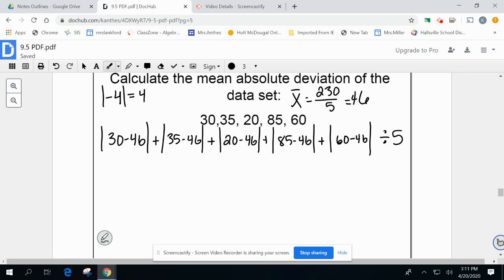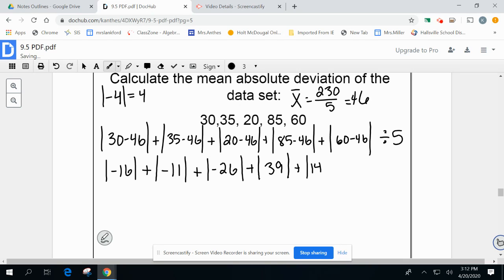So I'm going to go through and simplify these. So this would actually be -16 plus -11 plus -26 plus 39 plus 14.